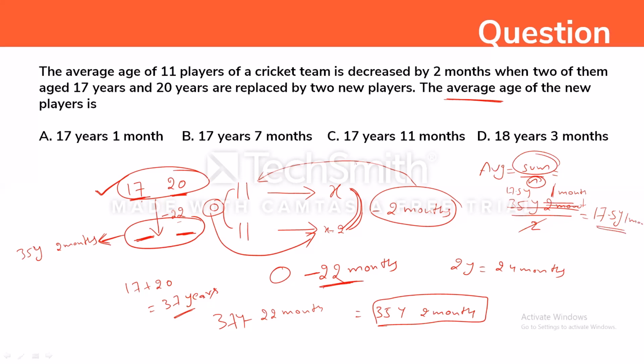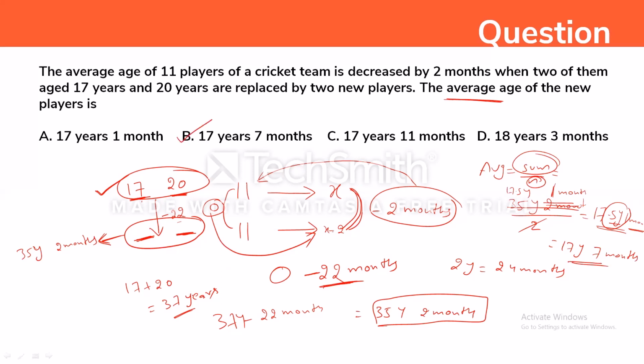But if you observe, they have given 17 years and converted the 0.5 years to months. 17.5 means 17 and a half years. Half a year is nothing but 6 months. 6 months plus 1 month is 7 months. So 17 years 7 months. So option B is correct.